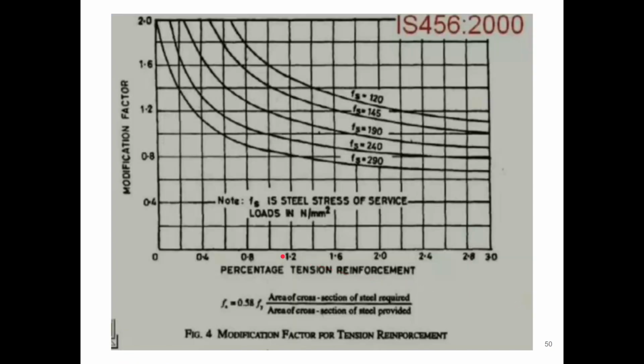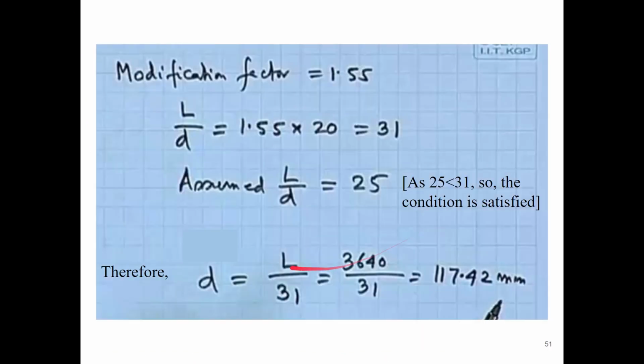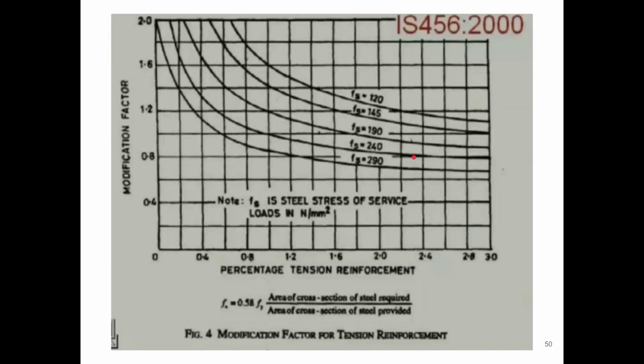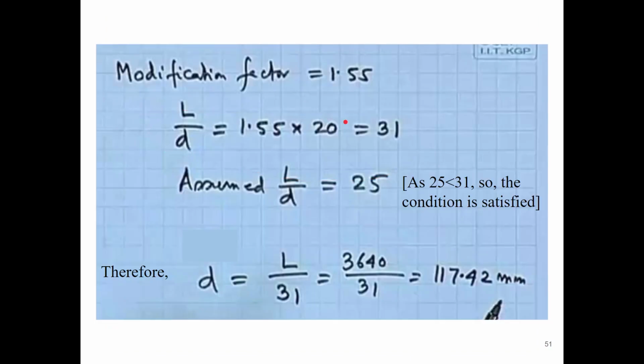This is the chart, figure 4 of IS 456, for which we require the Fs and PT value. Using both we can find the modification factor for tension reinforcement. Using the value of 218 and PT of 0.373%, we found the modification factor is 1.55.